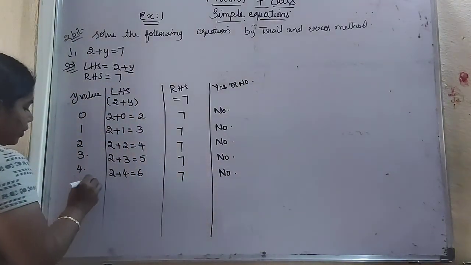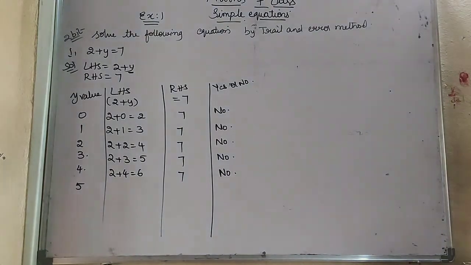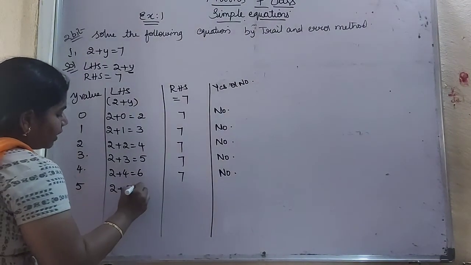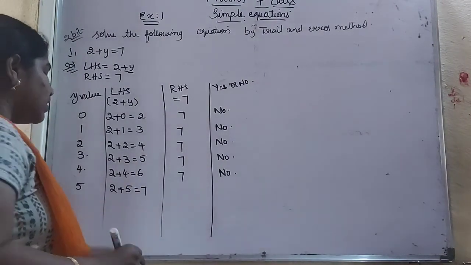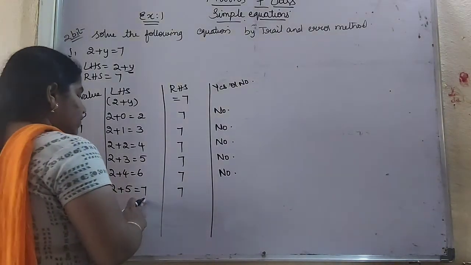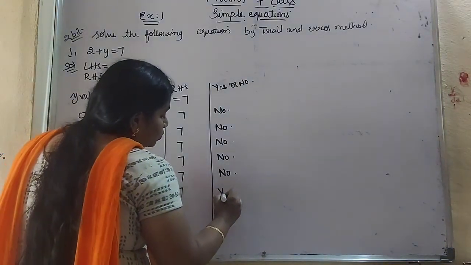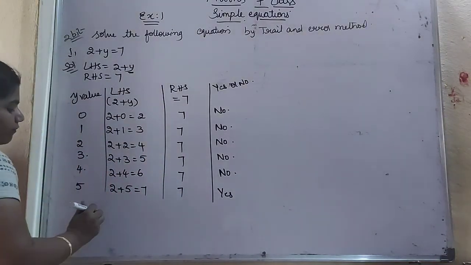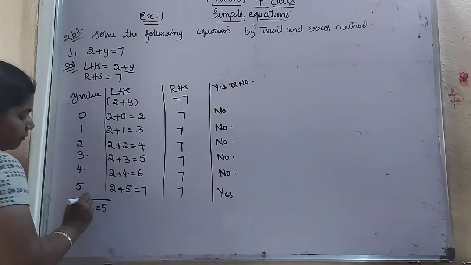And now I am substituting 5 in place of y. So it will be 2 plus 5, which equals 7. Here you got 7, and in the RHS place you also have 7. So 7 equals 7, so it is yes. That means the y value here is y equals 5.